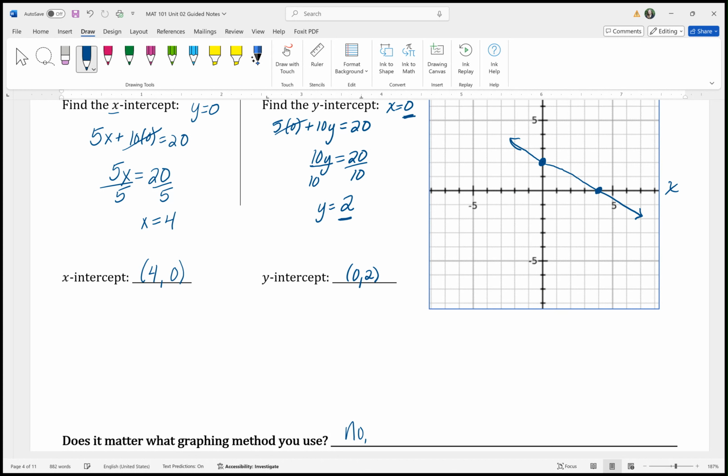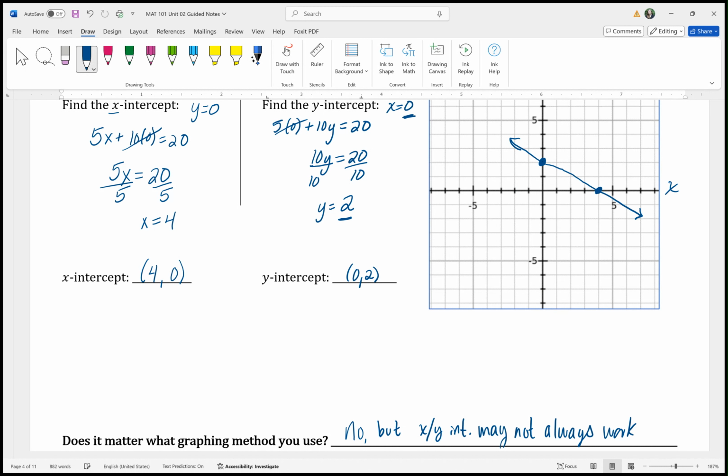So does it matter what graphing method you use? No, but the x and y intercepts may not always work. And by work, I mean graphable in a computer.